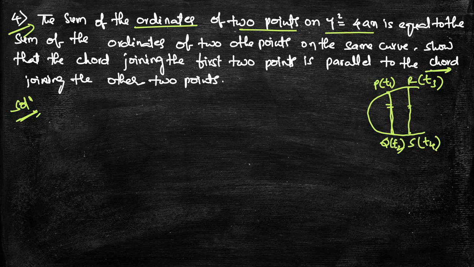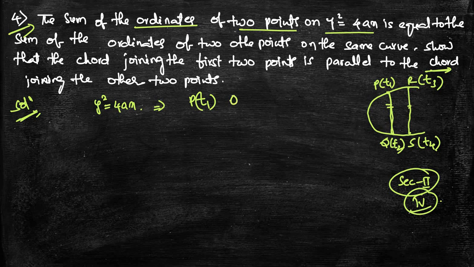The equation of the parabola is given as y² = 4ax. Now the equation of the chord joining these two points P(t1) and Q(t2), which we discussed in section 2, fourth question, is (t1 + t2)y = 2x + 2a t1 t2.